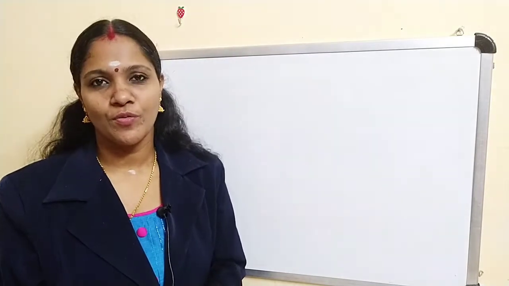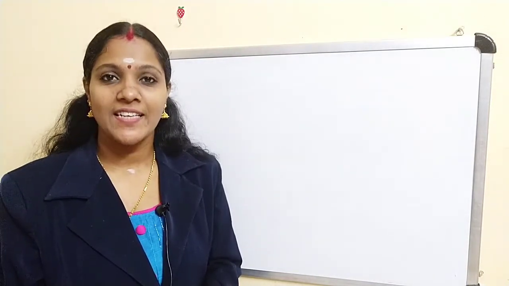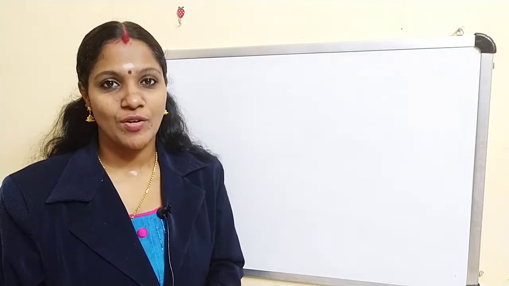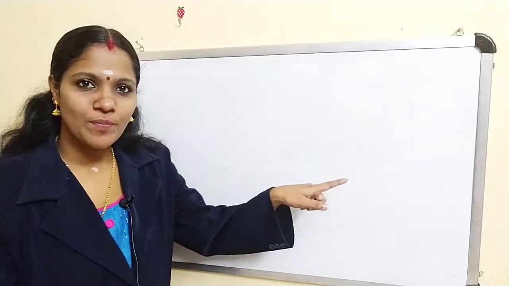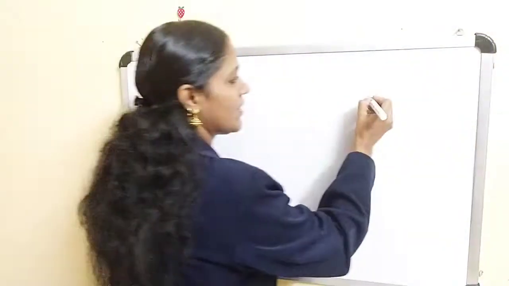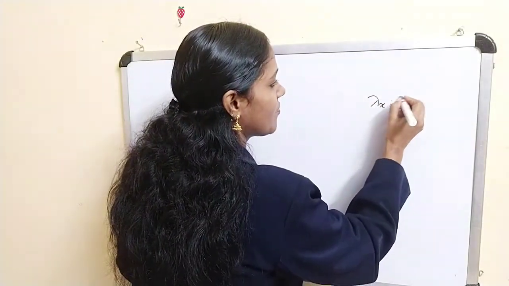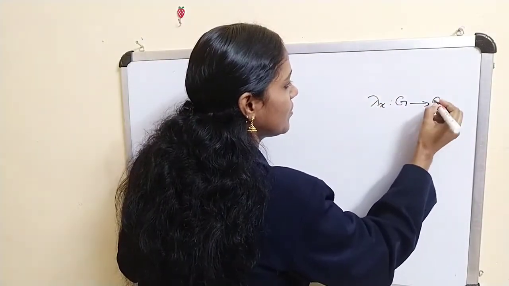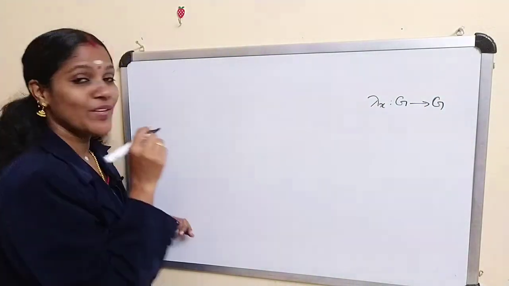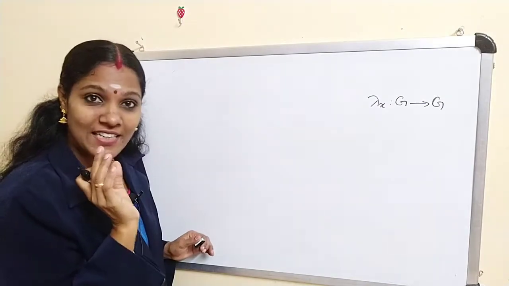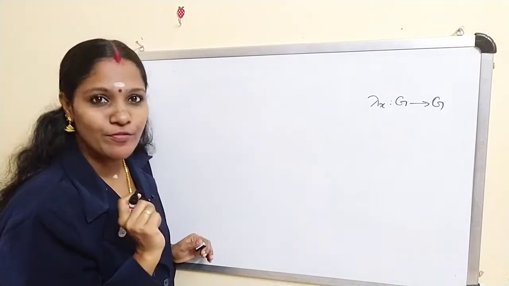Now we are going to one problem. Find the left regular representation of the Klein four-group. Left regular representation means lambda x, which is a function from G to G, and lambda x is a permutation. Clear? Now here we have to find the left regular representation of the Klein four-group.